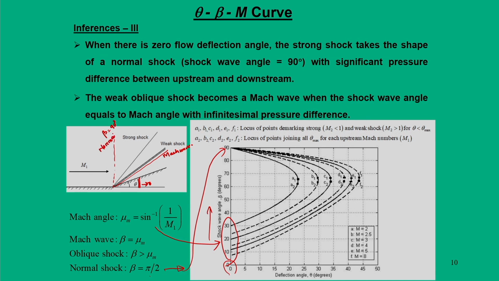That means, this strong shock becomes normal shock. So, this is the physical interpretation of this zero flow deflection angle. So, weak oblique shock becomes a Mach wave when the shock wave angle equals the Mach angle, with very small pressure difference.